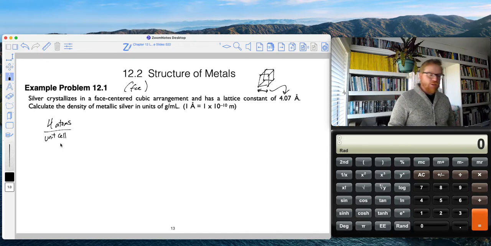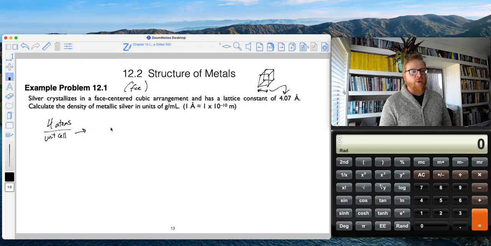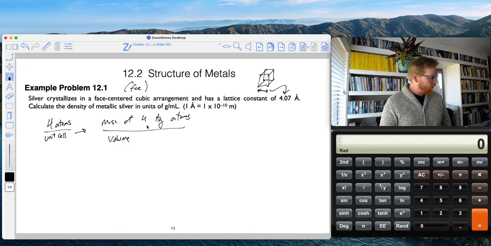What we need to calculate this now is the mass of 4 silver atoms divided by the volume of our unit cell. And it's asking us to do this in grams per milliliter, so we want grams on the top.